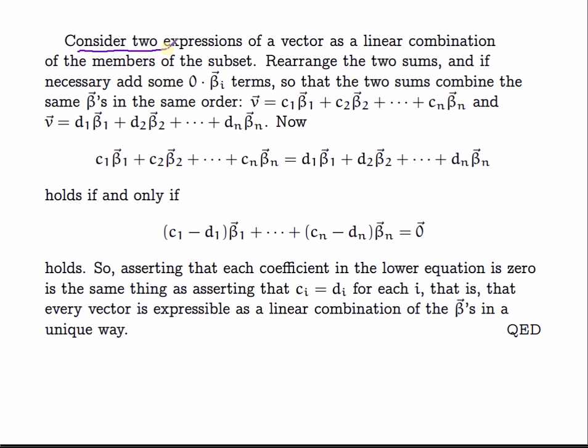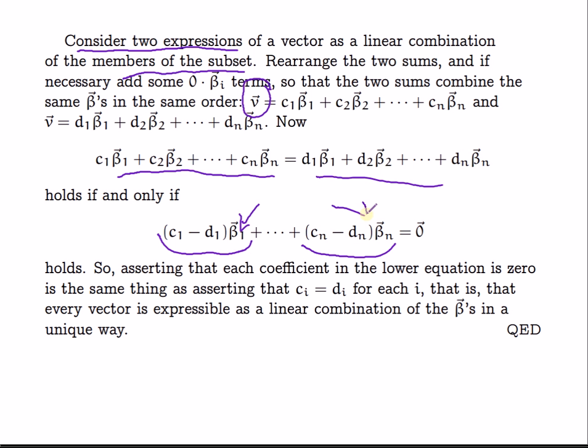So let's consider two expressions of a vector as a linear combination of members of the subset. We've got our fixed basis, beta 1 through beta n, and we're supposing we can express the vector v in two different ways. Now, since they're both expressions of the vector v, we can set them equal. We can rearrange algebraically to obtain this expression. Now, from this expression, we're going to use the fact that the betas are all linearly independent. The fact that the betas are linearly independent means that in this linear relation, all of the coefficients must be 0.